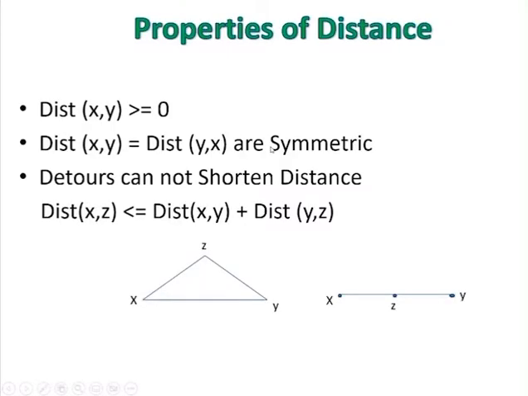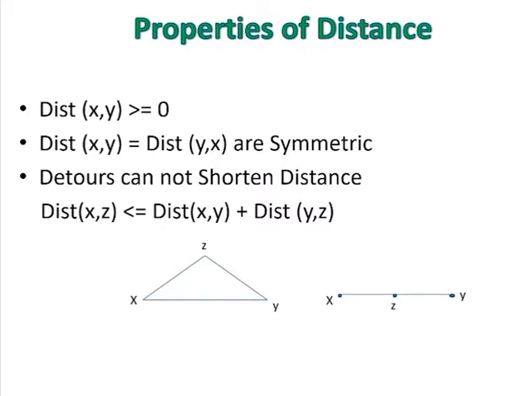Because distance is involved, we need to understand the properties of distance. When you take a look at the first one, the distance between x and y can be equal to 0 or greater than 0. If the distance between x and y is equal to 0, it means they are occupying the same position. If the distance is greater than 0, it means they are apart.